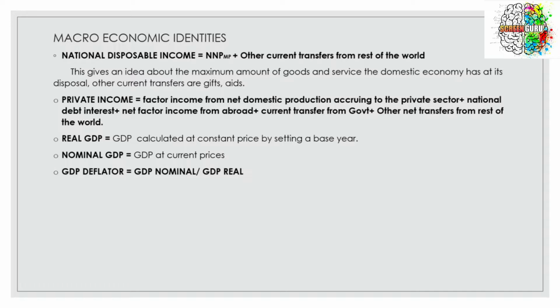Say, for example, we are now using base year 2011-12, which means for calculating GDP we are still using the price of commodities in the year 2011-12, and we are not using the price of commodities in the year 2020-21. So that is one important thing we have to note when calculating real GDP. Real GDP gives a figure of GDP at constant price by setting a base year.